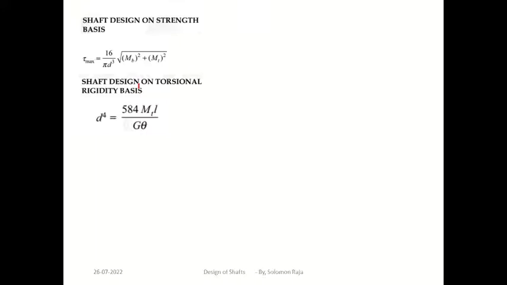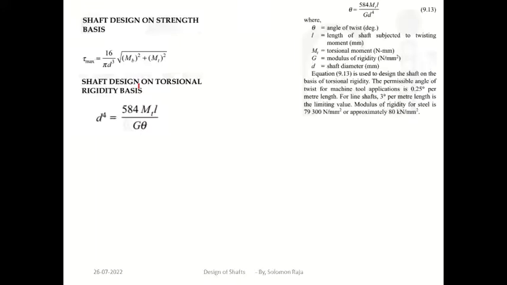From those things they have derived this formula: d power 4 equal to 584 into mt into L divided by G theta, where mt is torsional moment, L is length of the shaft, theta means angle of twist, G means rigidity modulus, and d means diameter of the shaft.